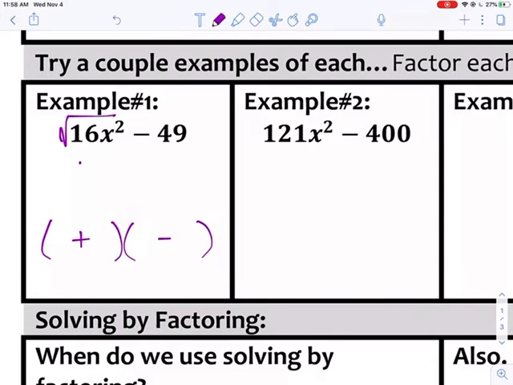So square root of 16x squared is 4x. You just take half of your exponent. So I'm going to have 4x in the first position, and then the square root of 49 is 7. So that's going to go into the second position on both. All right, and that is what our difference of squares is going to look like.